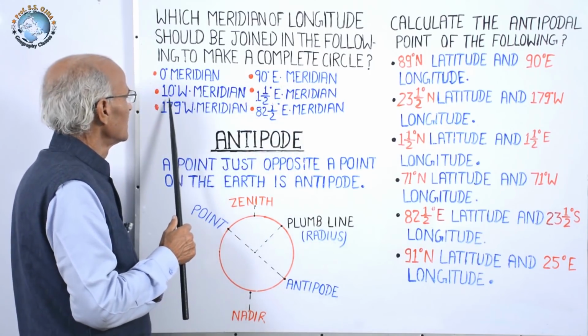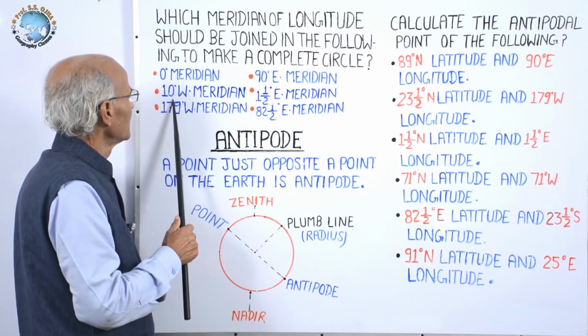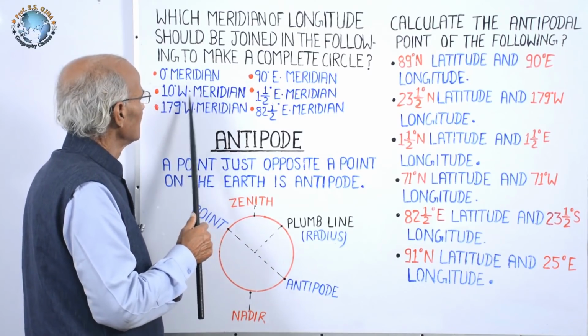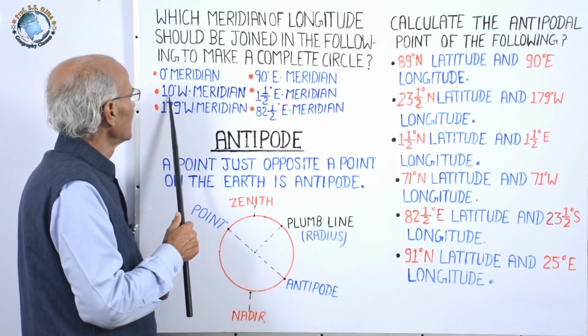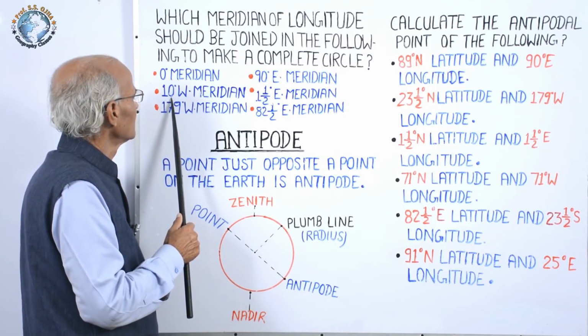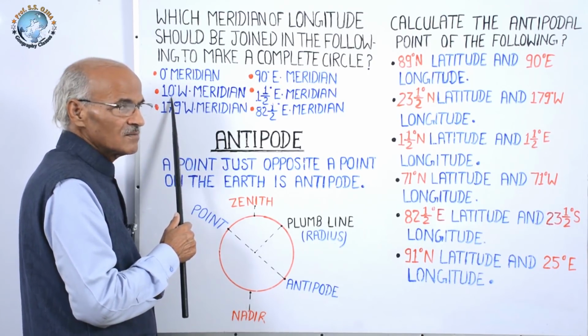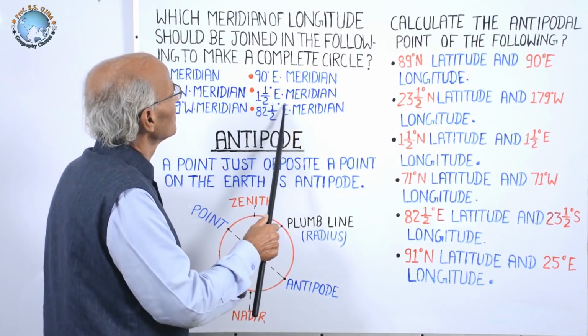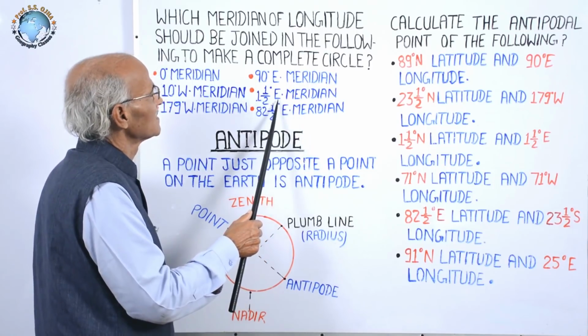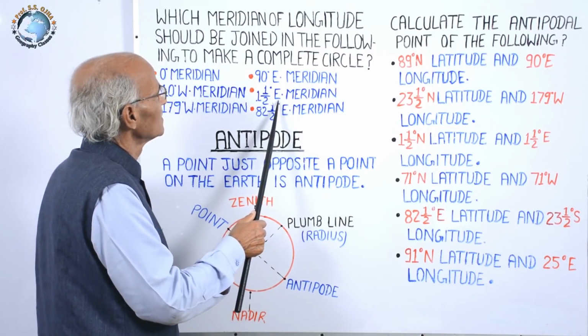Suppose what will be the opposite of 10 degree west meridian? In place of west, you will write east. In place of 10, you deduct this 10 from 180, it will become 170. Question is 1.5 degree east meridian. In place of east, you will write west.